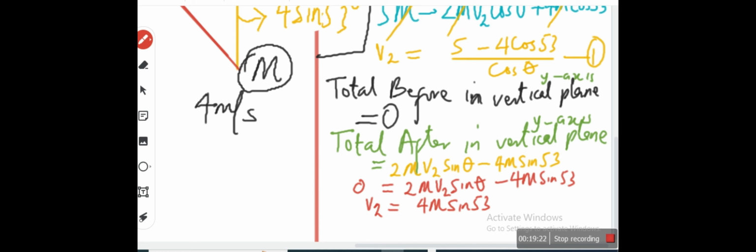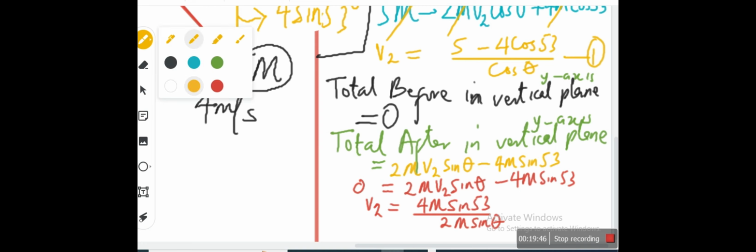V2 will be equal to 4m sin 53 over 2m sin theta. M will also cancel out m, just like in the above.